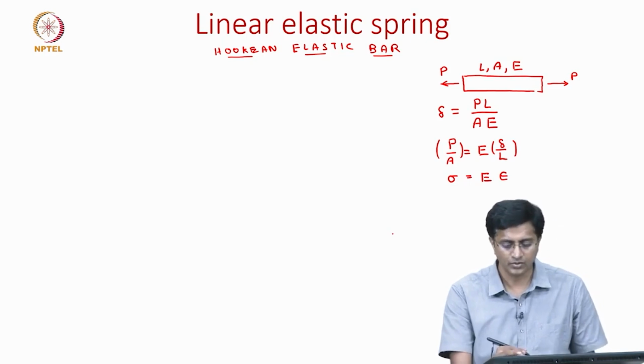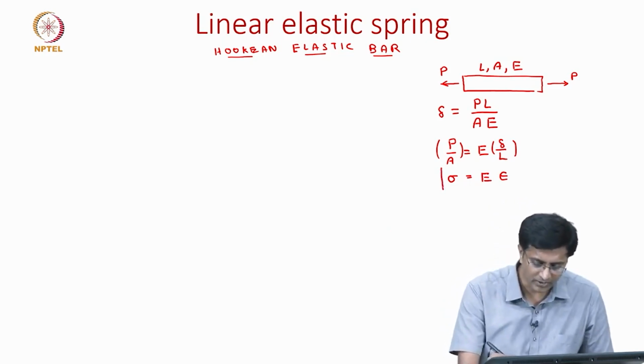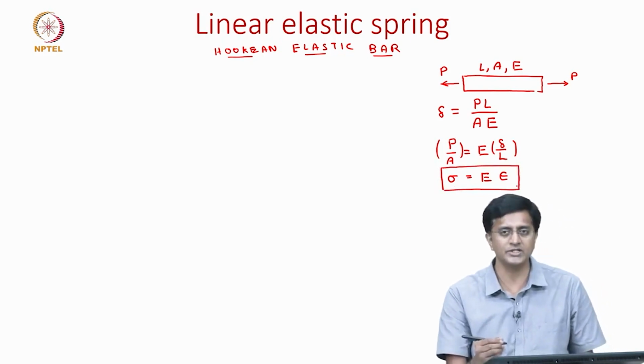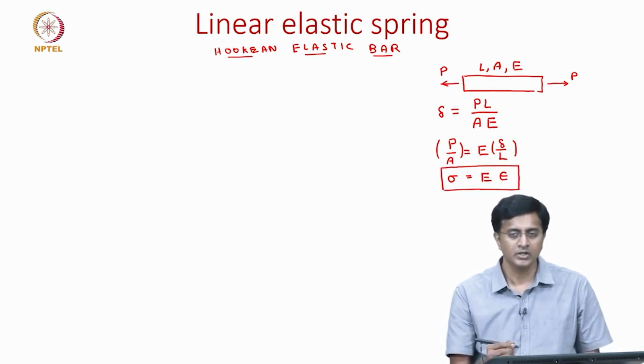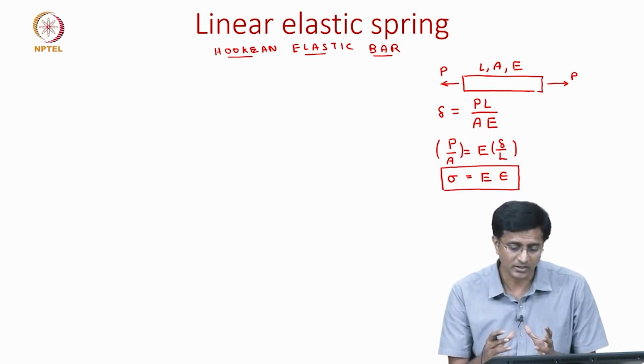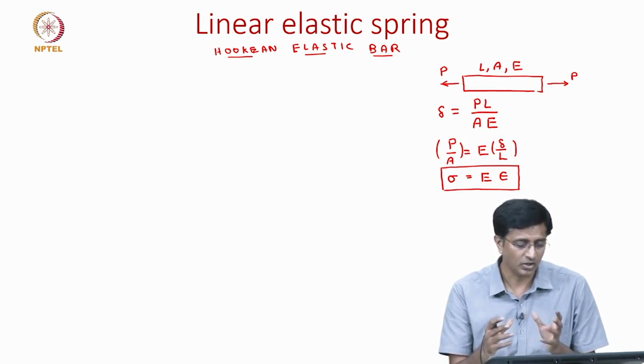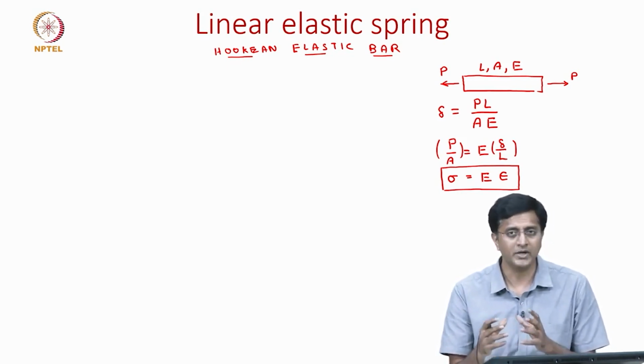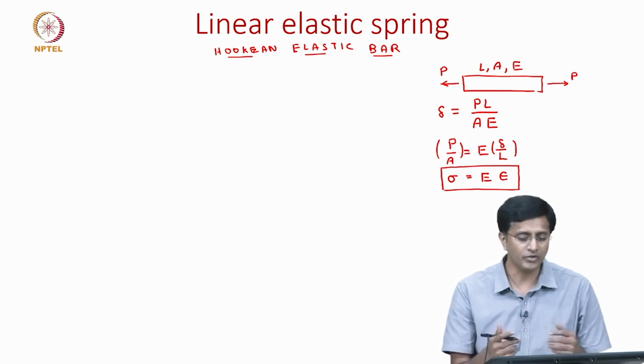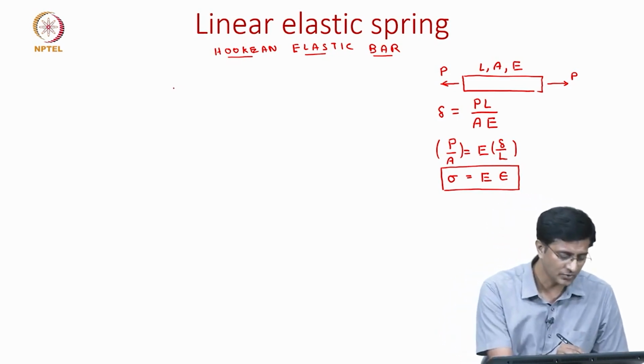With this we show that stress is directly proportional to strain and the proportionality constant is E. So this is the linear or Hookean elastic bar, but the model we are using is a spring. So now let us see a spring.